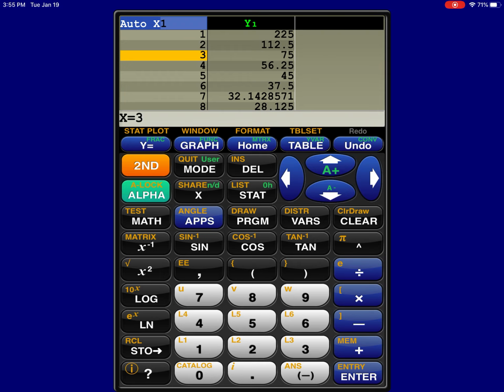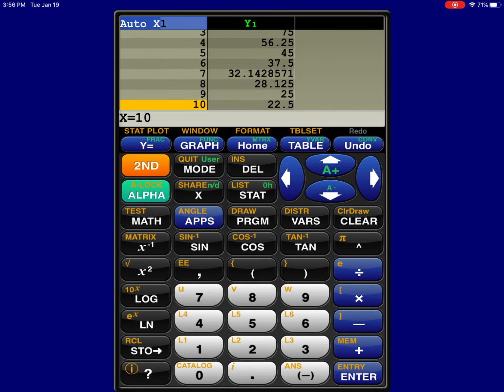So 225 divided by 3 is 75. So that's one of them. 5 and 45. 5 times 45 will give me 225. 9 times 25, we knew that one. And then 15 times 15. Okay?